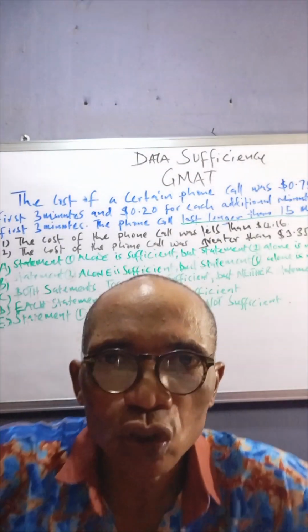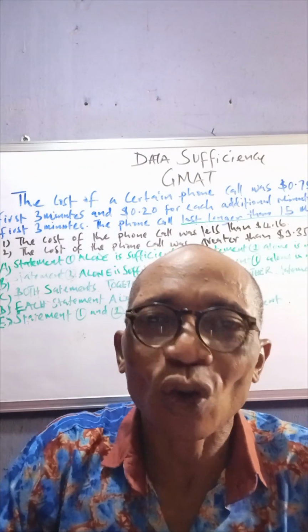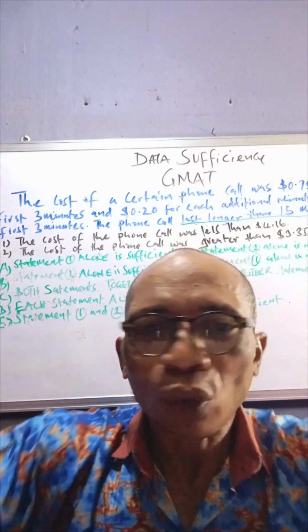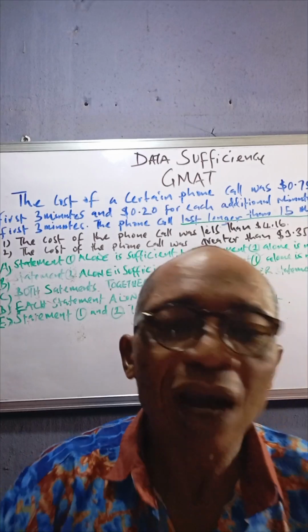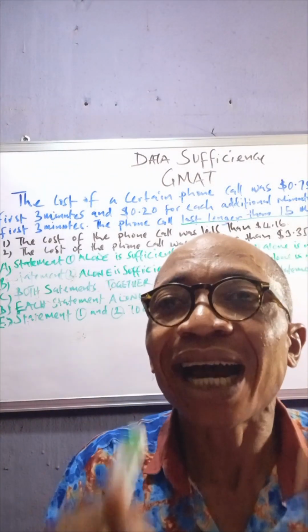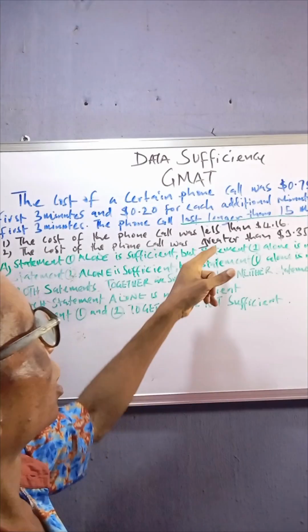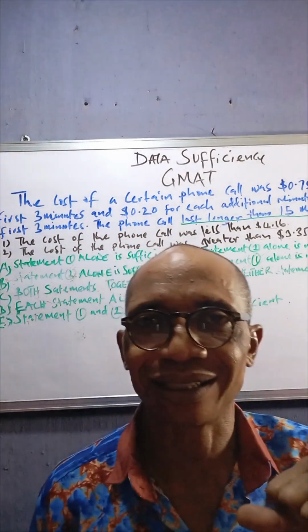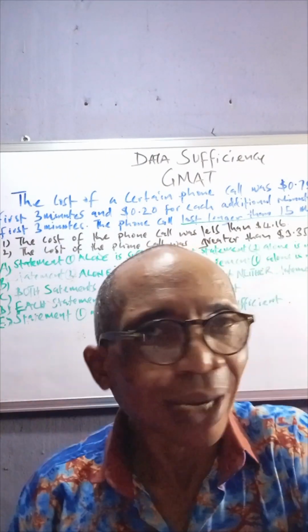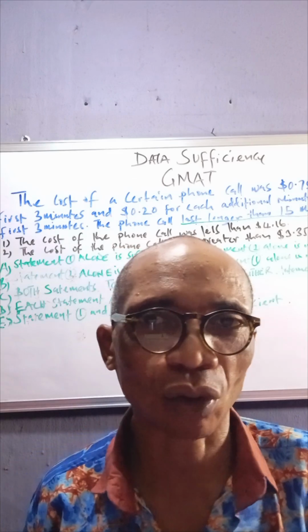But we are just told that the call lasts longer than 15 minutes. So we don't have any idea of how long the call lasts, and for that reason we cannot say that a certain value will be less than the cost of the call.